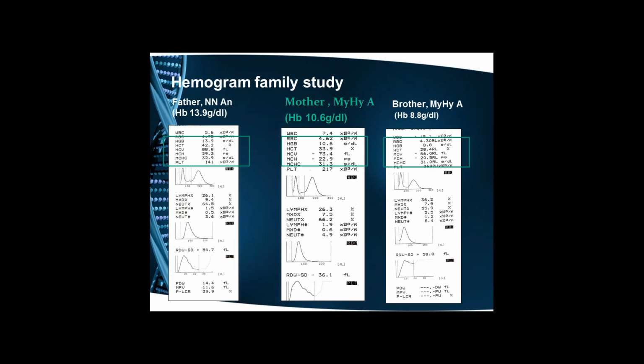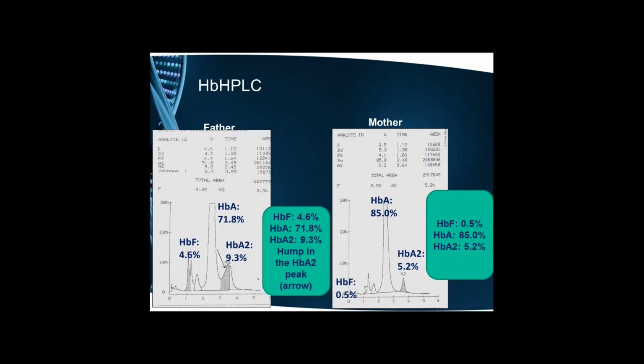Here we have a family study. The father has a normocytic normochromic picture, the mother has a microcytic hypochromic anemia, and the brother again has a microcytic hypochromic anemia. Now we'll see the HPLC of all the family members.